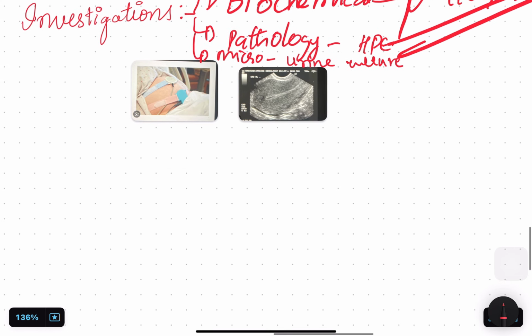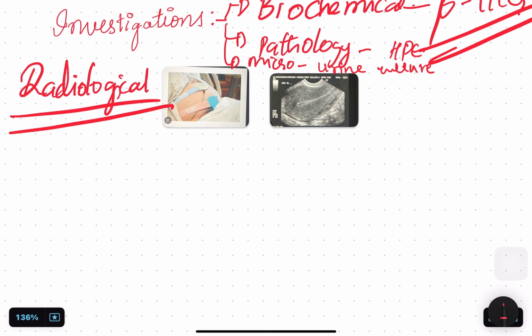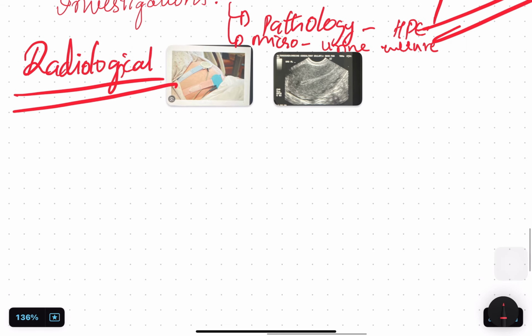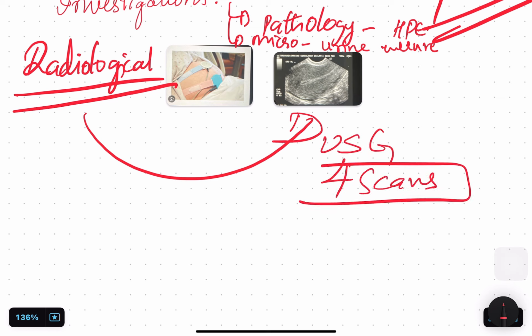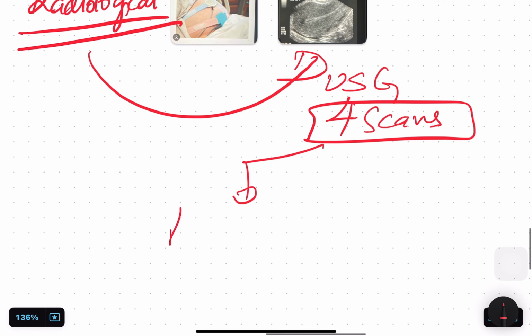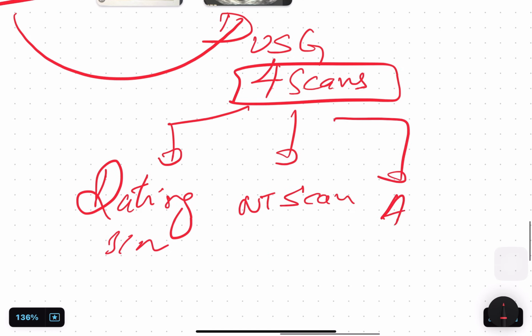Next, the major part which governs pregnancy is radiological investigation, which is of paramount significance and which rules the investigations in pregnancies. Okay, what do you think are the major things in radiological? Yes, the ultrasound, the four scans which you do. Can you remember what the four scans are? Yes, first is the dating scan, next is the NT scan, next is the anomaly scan, and the growth scan.